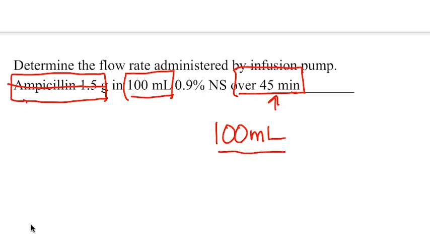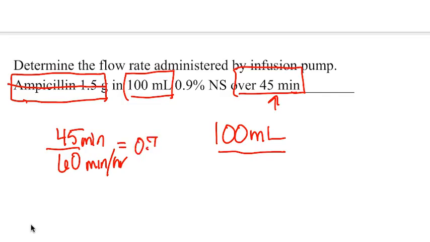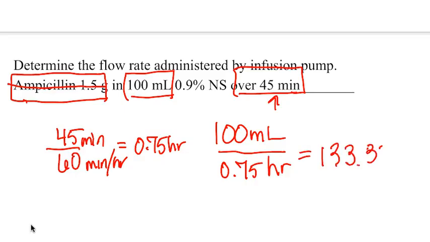My time in hours. I'm going to do 45 and divide that by 60. 45 divided by 60 on my calculator equals 0.75 hours. So I'm going to write 0.75 on the bottom of my equation, and then I go to my calculator and I do 100 divided by 0.75, and that's going to equal 133.33.